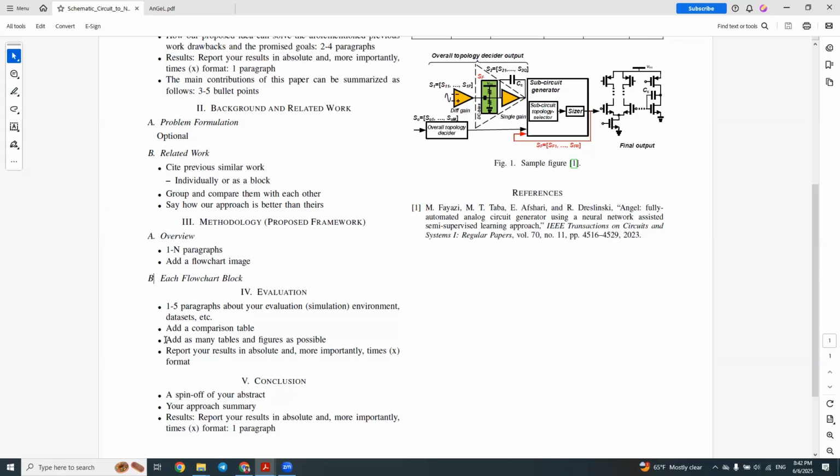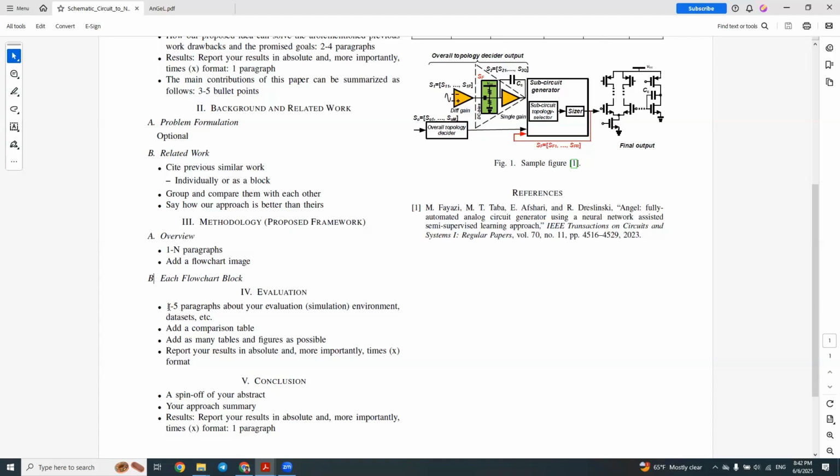Okay, as we talked about at the beginning, reviewers won't have that much time to read each line of our work. So what they do, they scroll the paper and look at the figures and tables. So instead of talking that much about our results in text, we should try to summarize them as tables and figures.